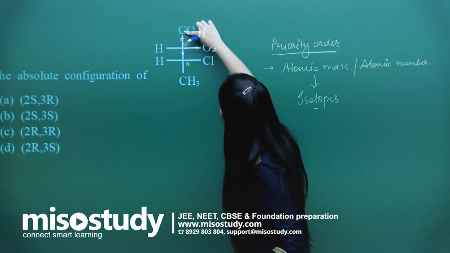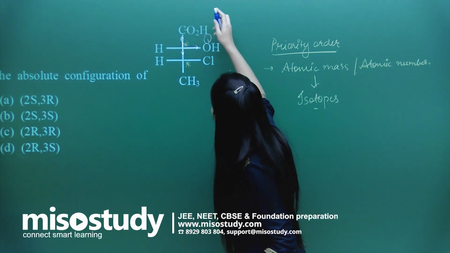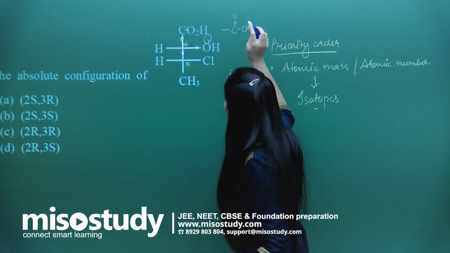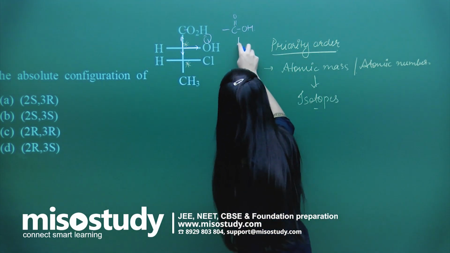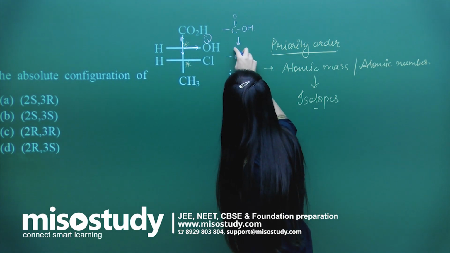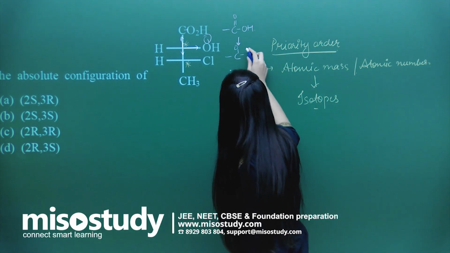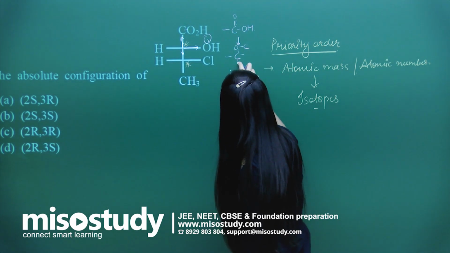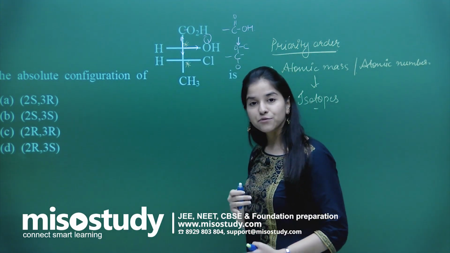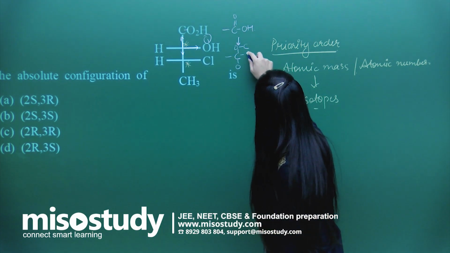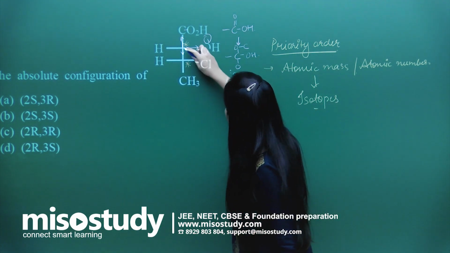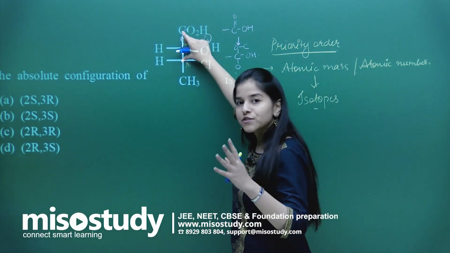As we all know, COOH is the carboxylic group, and it must be treated as a carbon attached to oxygen, and an oxygen attached to a carbon. That is how we deal with the C double bond O, as we discussed earlier, and finally the OH.